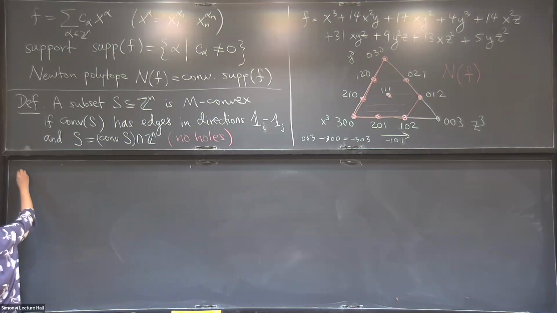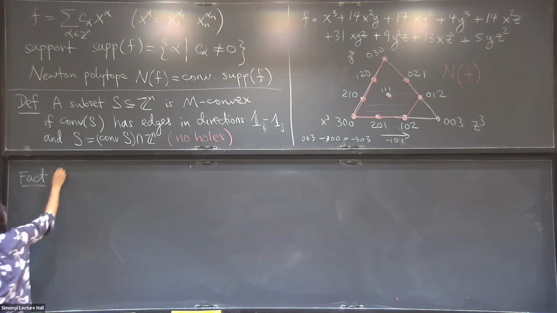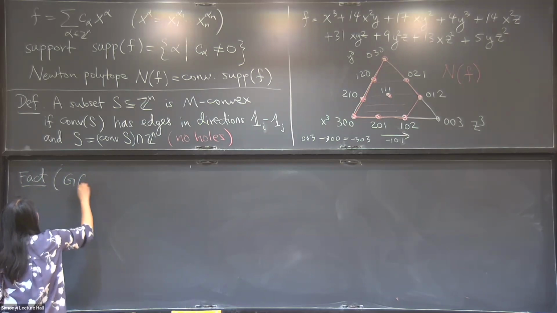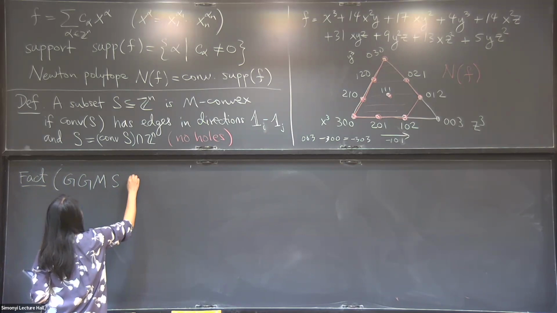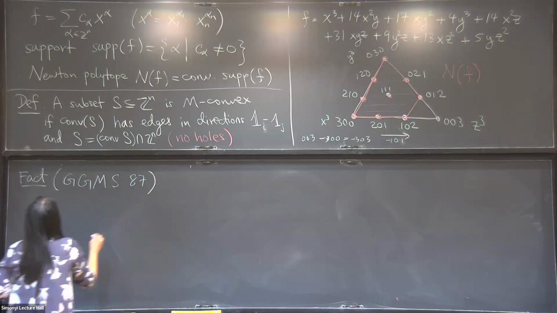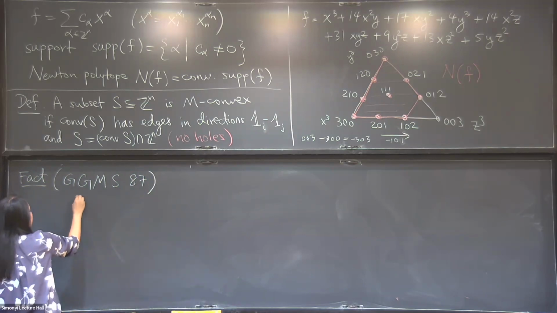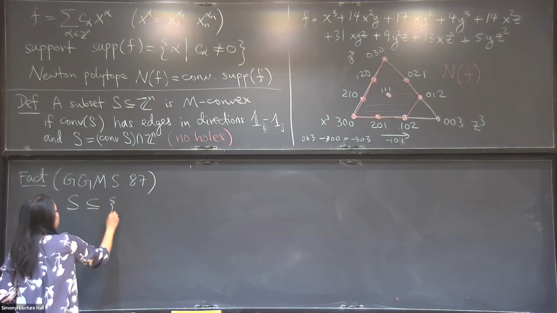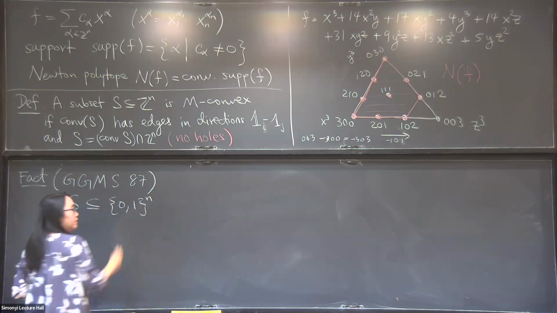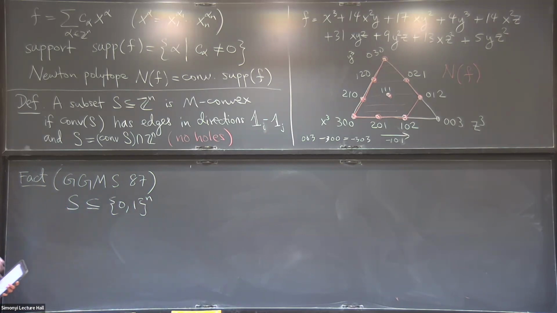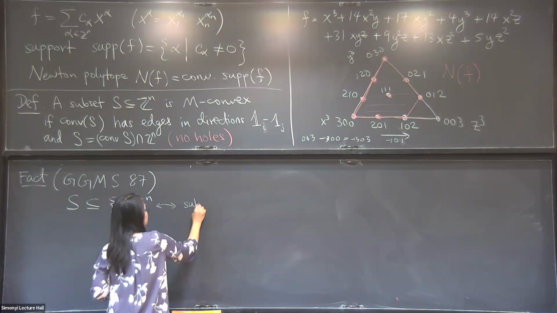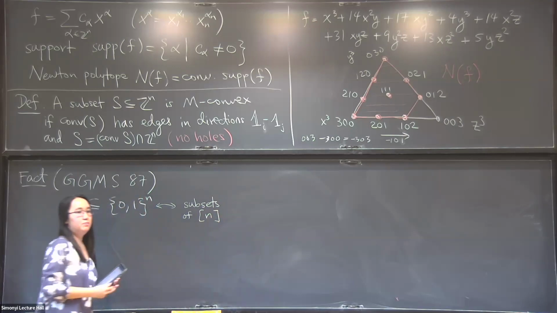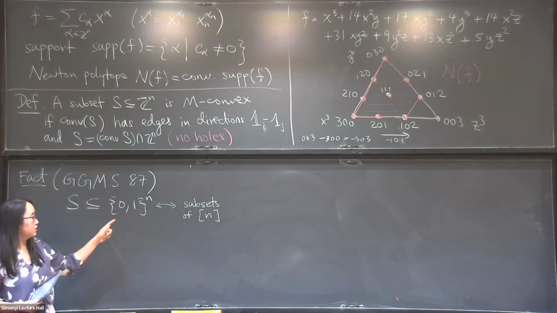Maybe I will note that here's a theorem of Gelfand, Goresky, MacPherson, and Serganova from the 80s, maybe 87, that if my S is a subset of {0,1}^n, so if my integer vectors are only allowed 0 and 1, I am going to identify them with subsets of 1 through n, because 1 indicates which elements are in my subsets.